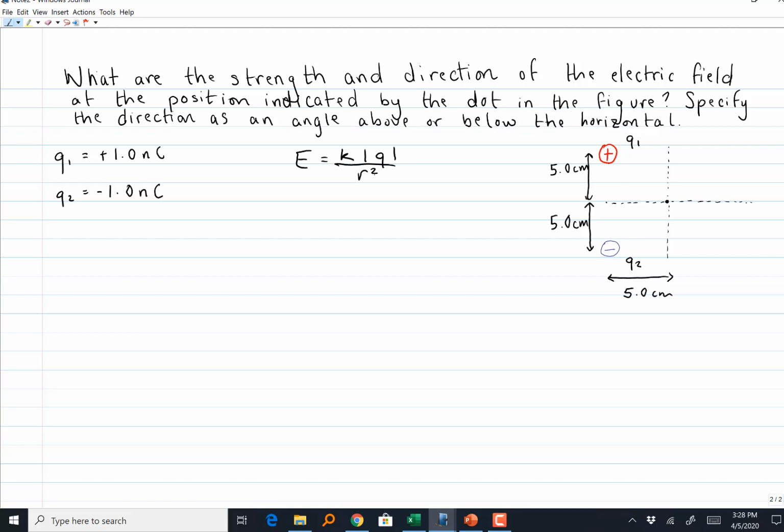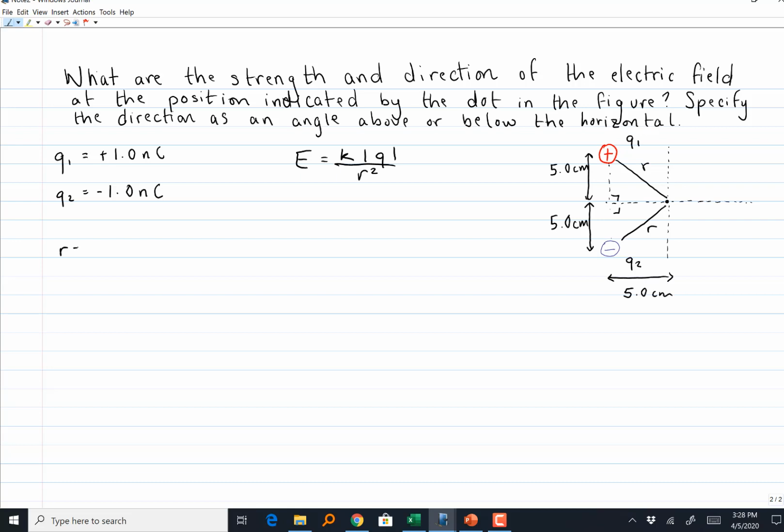So in a diagram, or in this diagram, I can add in the distances r right here and here. Right, and these distances are the hypotenuse of right triangles, where the two legs of both of these triangles are going to be 5 centimeters.